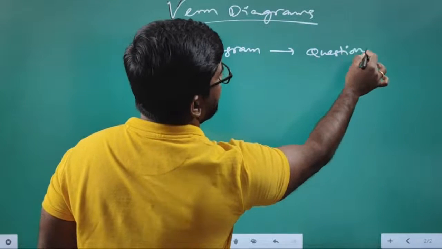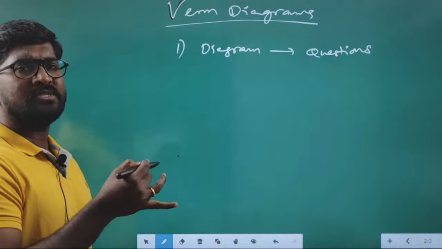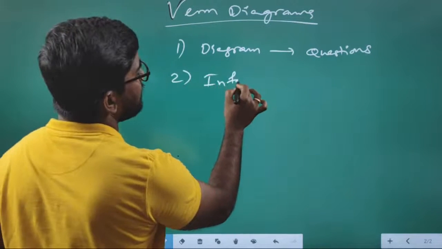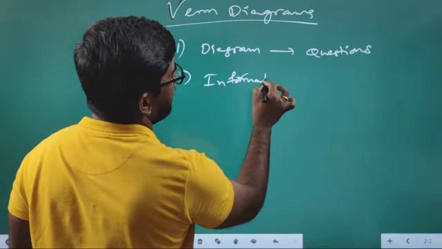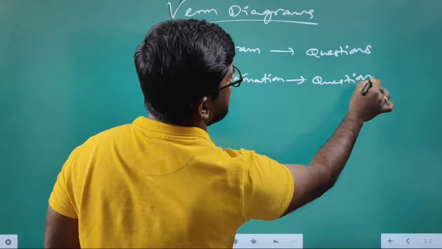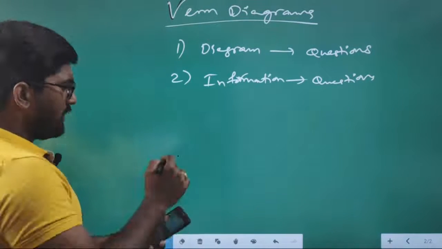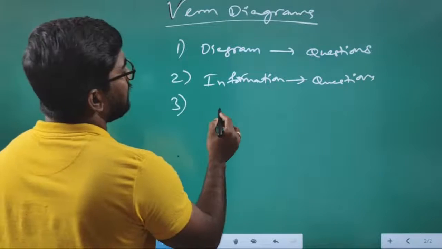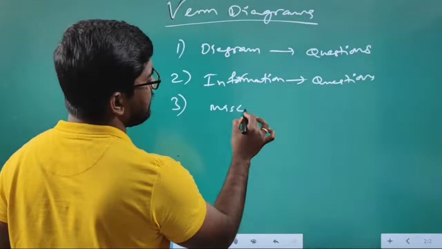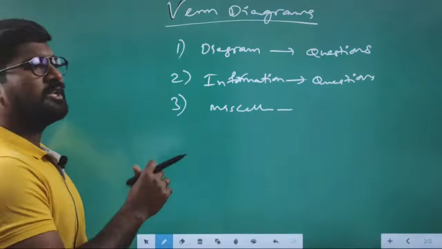A Venn diagram will be given to you, and you will be asked a few questions based on the diagram. Second, information based questions. You will be given theory information, a paragraph of information followed by questions. And the third one, kind of different questions, miscellaneous. I'll be explaining these at the time of explaining the questions. Miscellaneous, variety type of questions.